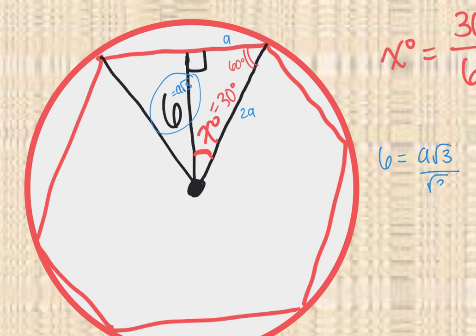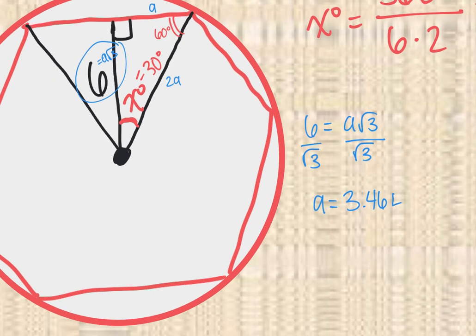Divide both sides by the square root of 3. And you're going to get A equals 6 divided by the square root of 3, which is 3.4641... We'll round that. We'll say A is equal to 3.5.